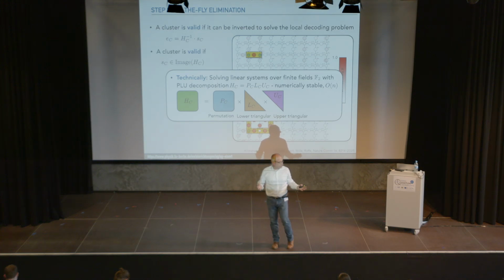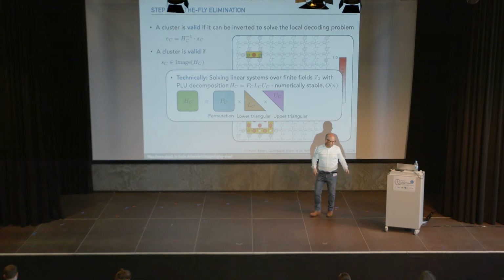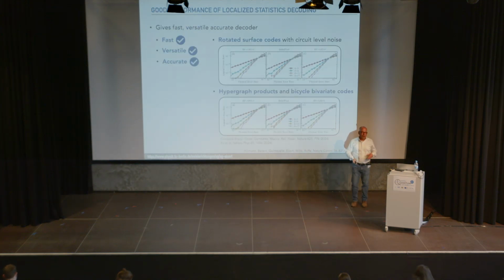When two clusters collide, you get another parity check matrix out. And this, put together with the 3 steps, gives a fast, versatile, accurate decoder where you do the patches separately, largely in parallel. It's fast, it's versatile, and it's accurate.